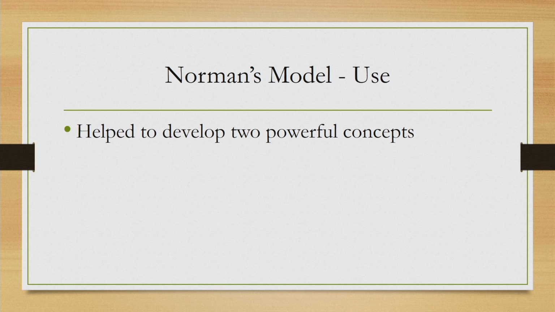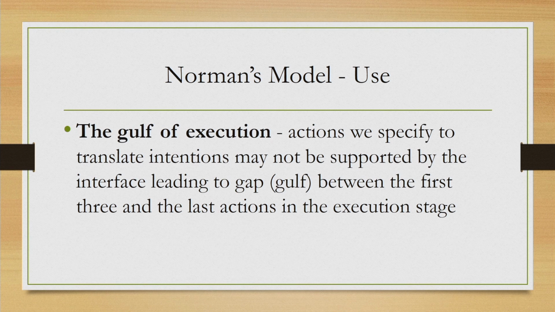Now, this concept of cycle in interaction helps to develop two powerful concepts. The gulf of execution, this is the first important concept. Now remember that there are 4 actions. One action is translate your intention to the real world actions and then execute those actions.